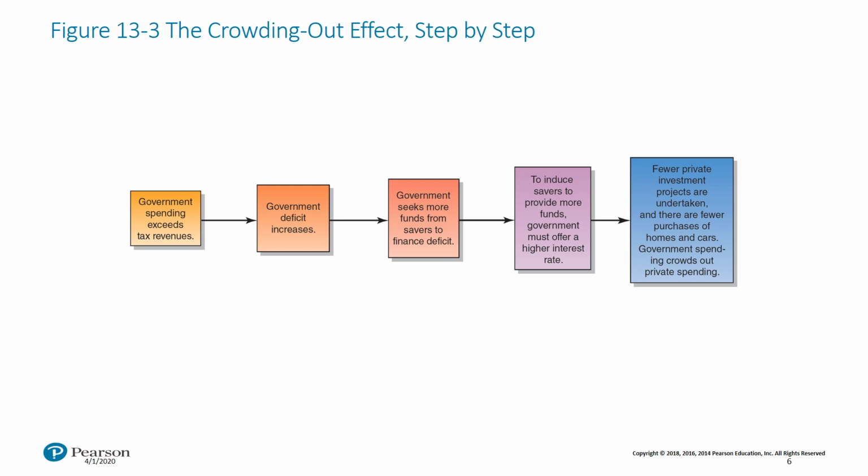So a rise in government spending holding taxes constant, that is a deficit spending, tends to crowd out private spending, and it dampens the positive effect of increased government spending on aggregate demand, and this is called the crowding out effect.